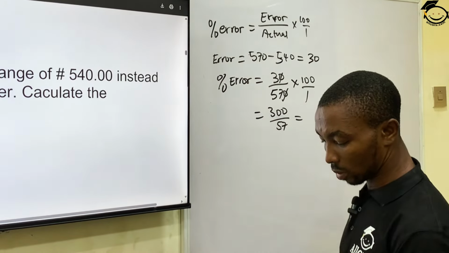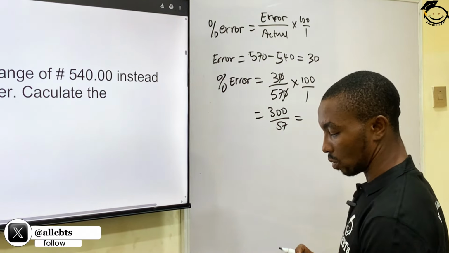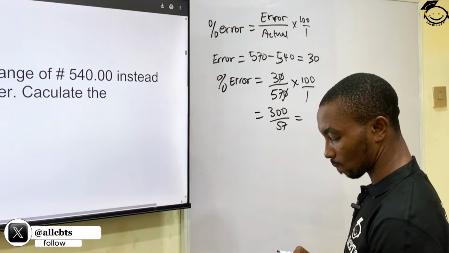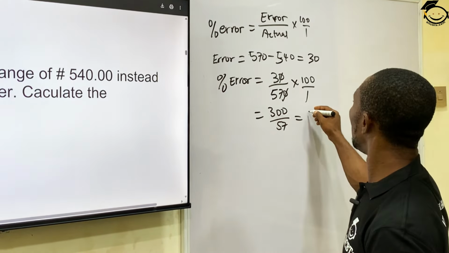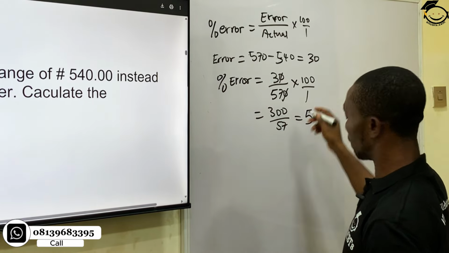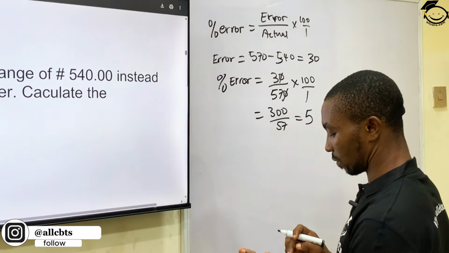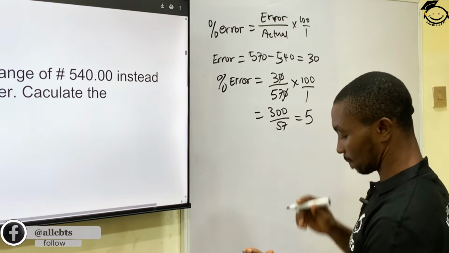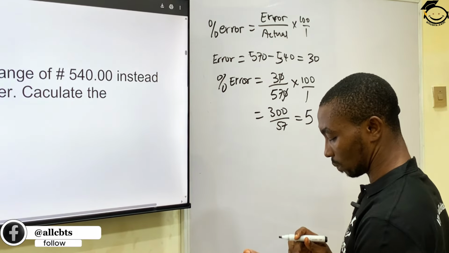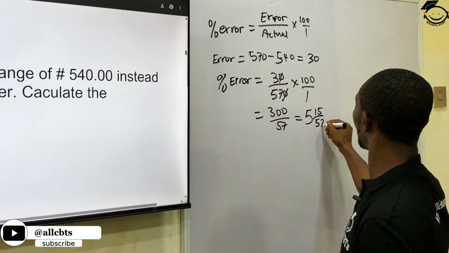Now, if we do that, 300 divided by 57, we are having 5 and a fraction. That will become 15 over 57.